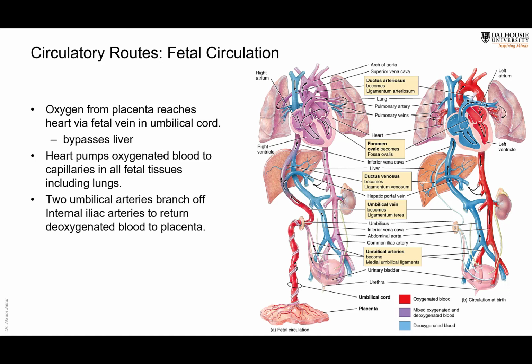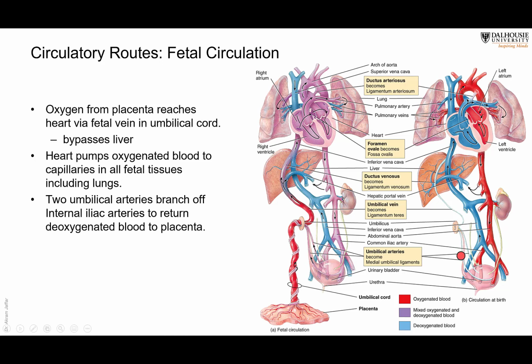I said that oxygenated blood comes from the placenta through veins, and this oxygenated blood bypasses the liver, reaches the right side of the heart, and then from the right side of the heart bypasses to the left side of the heart through the foramen ovale, and that's because there is no lung to be inflated here, and then the blood returns back to the placenta via what we call umbilical arteries.